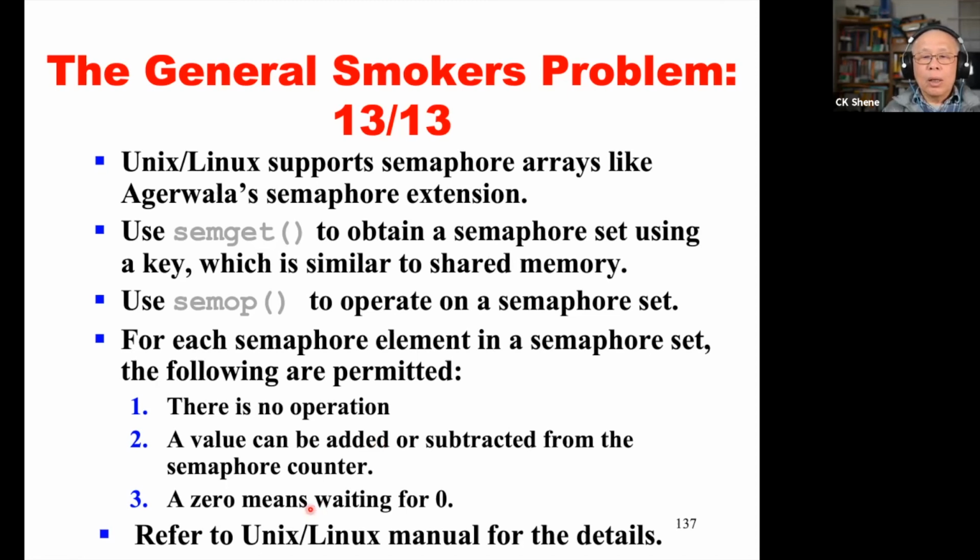Or a 0 means you force the caller to wait for that semaphore element to become 0. So if you ignore this, you can add a value to or subtract a value from the semaphore counter. So in this case, wait and signal are there.